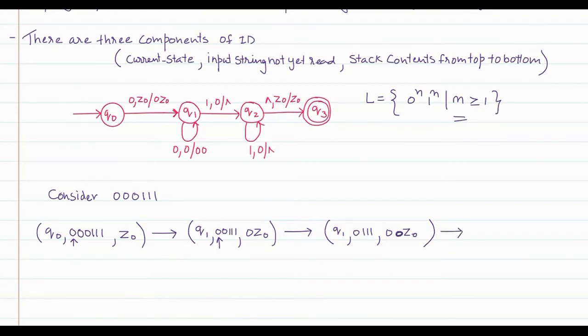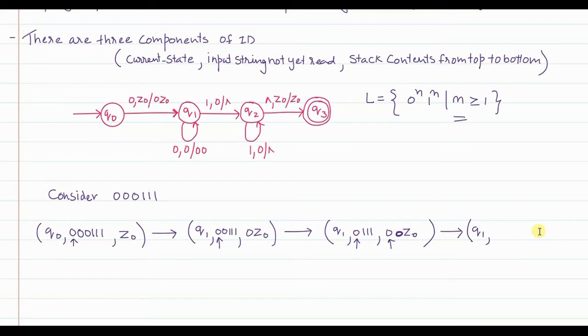Then again in Q1 state, when another 0 is read, you do the same thing. In Q1 state, when another 0 is read and 0 is still on top of the stack, what happens? You push that 0 also onto the stack and you remain in Q1 state itself. So from state Q1, on reading another 0 with 0 on top of the stack, you go to Q1 state.